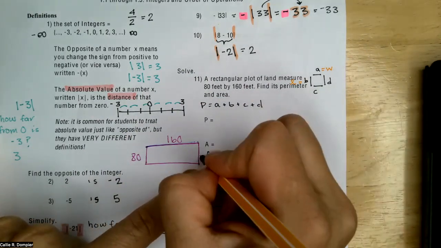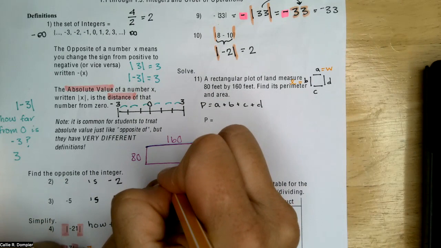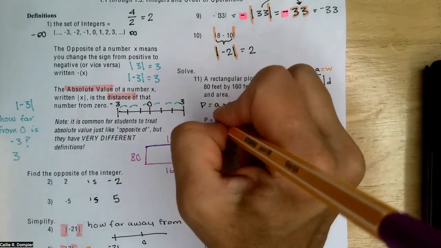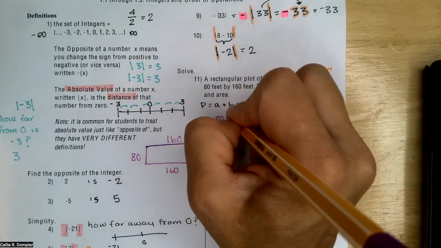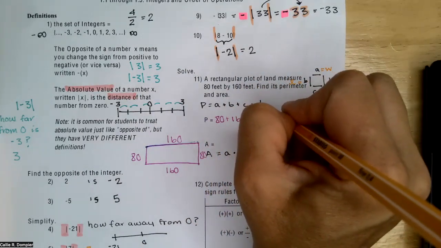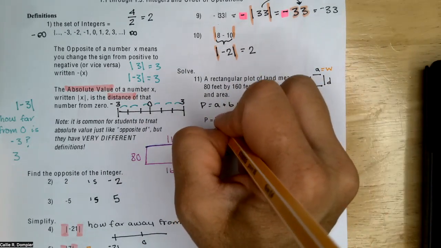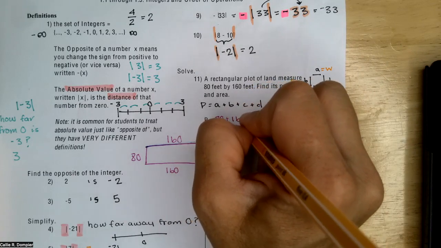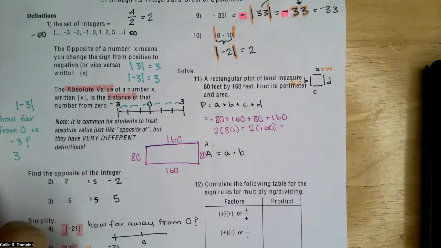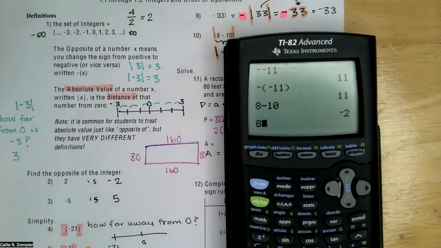Because it's a rectangle, this one's also going to be 80, and this one's also going to be 160. Okay, so the perimeter is we're adding, so you can call it 80 plus 160 plus 80 plus 160. You can also call it 2 times 80 plus 2 times 160. Whatever you want, okay? And put those into the calculator. It should be the same no matter how you do it.